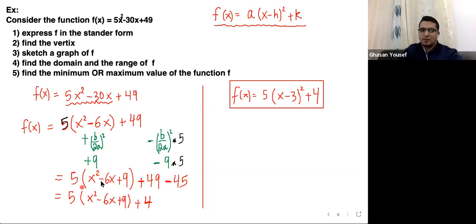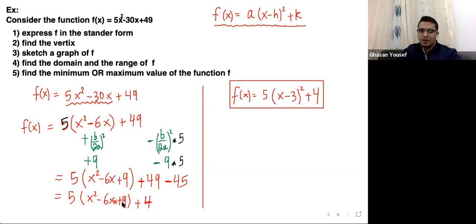So now I will get 5 times x squared minus 6x plus 9, this 9. Outside is 49 minus 9 times 5, which is 45. Now 49 minus 45 is 4. And here I take everything down. So I get 5 times x squared minus 6x plus 9 plus 4. Now we have to factor inside the parentheses. I'm looking for two numbers.